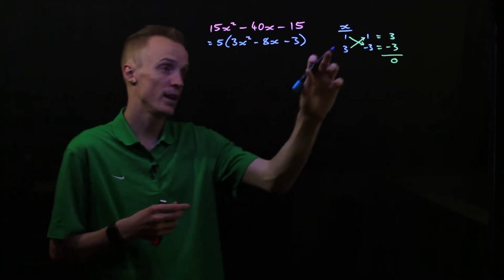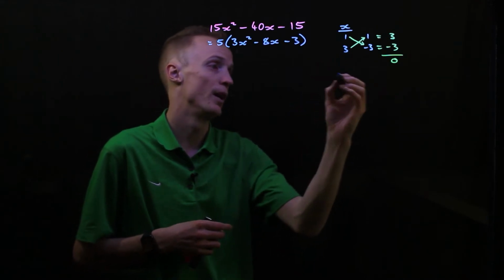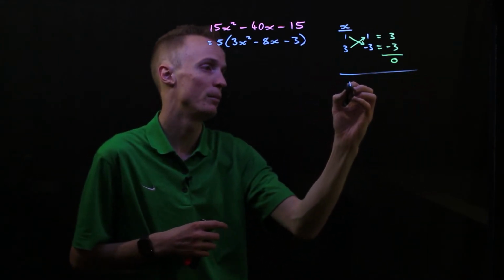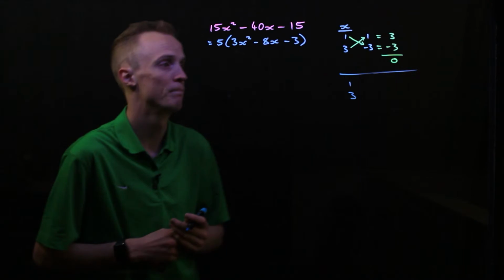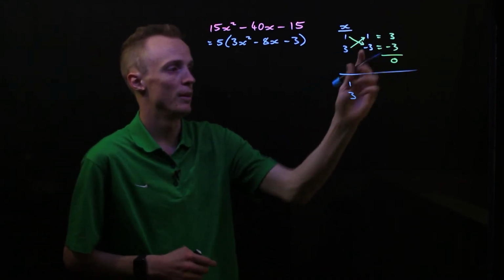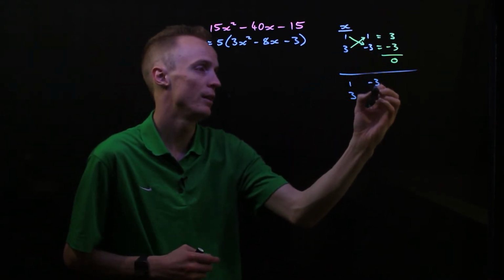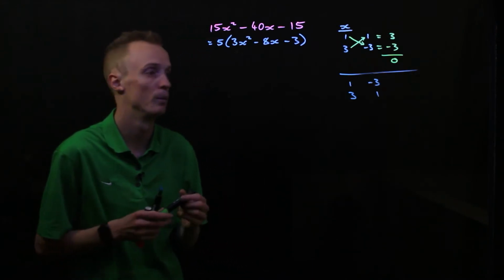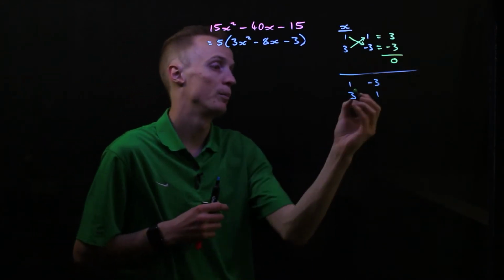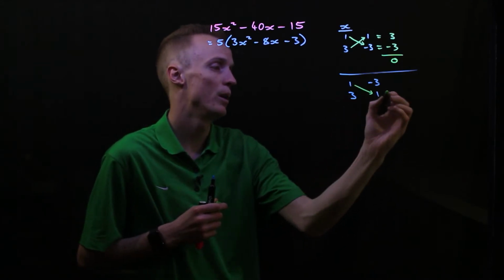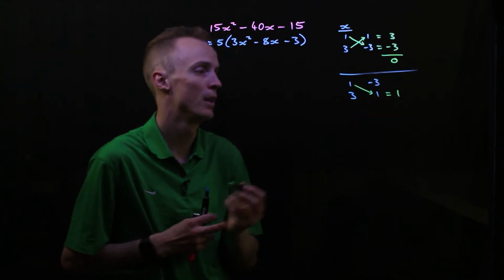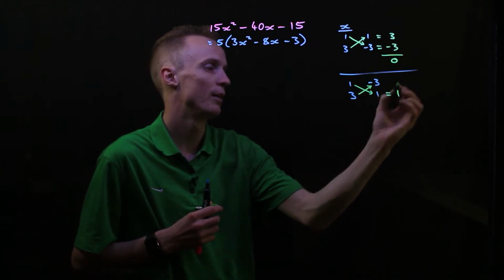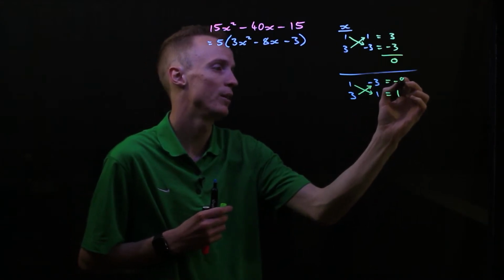So in this case, I'm going to leave the x column as 1 and 3. But this time let's write negative 3 and positive 1 this way, and cross multiply and see how this one works. So 1 times 1 will equal 1. 3 times negative 3 will equal negative 9.